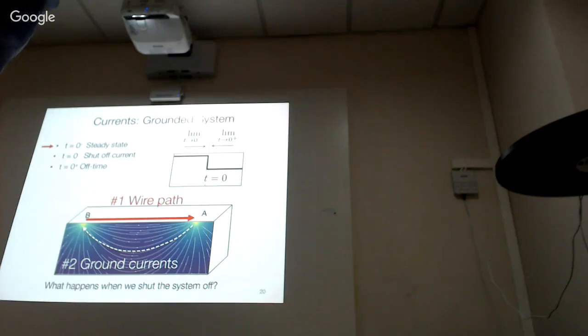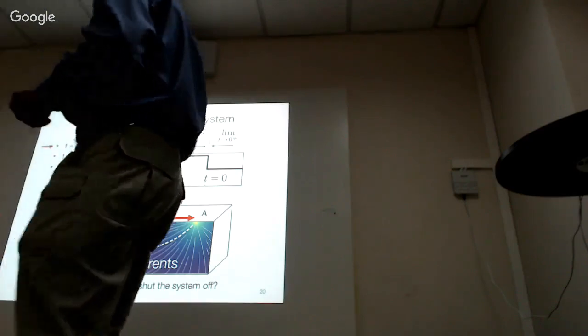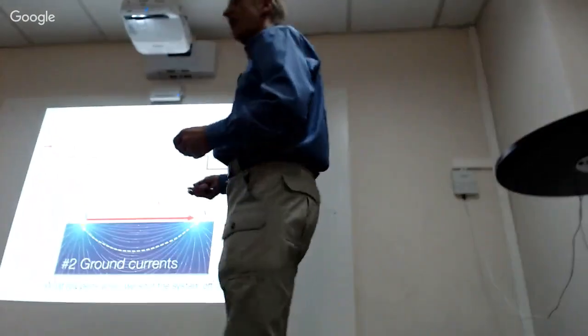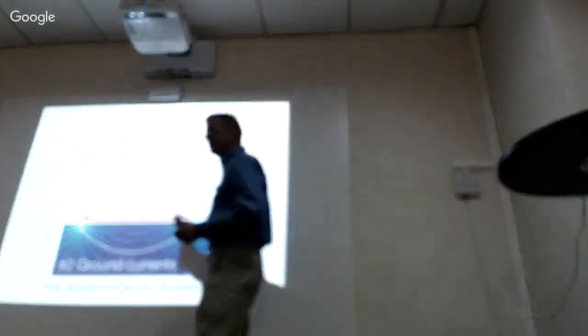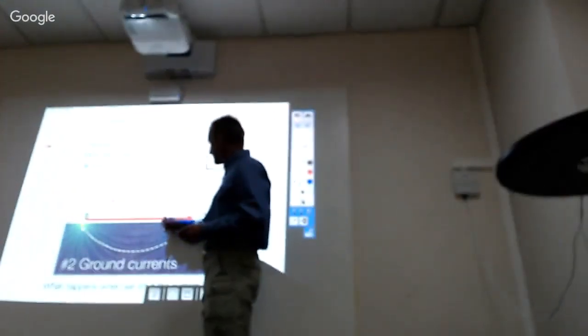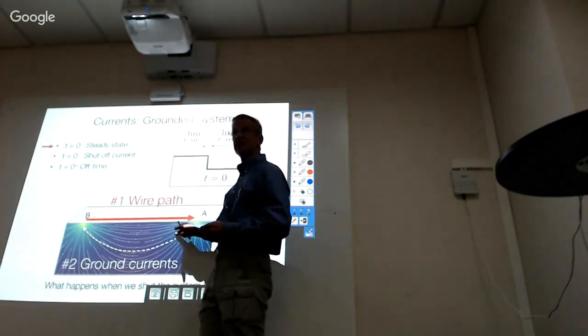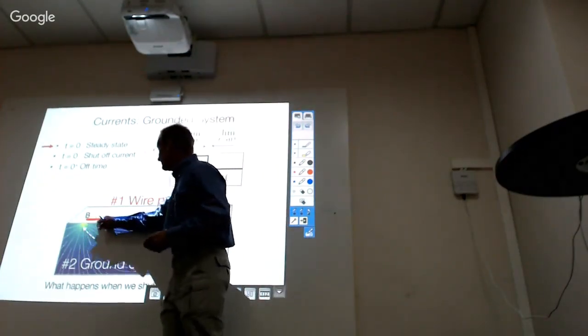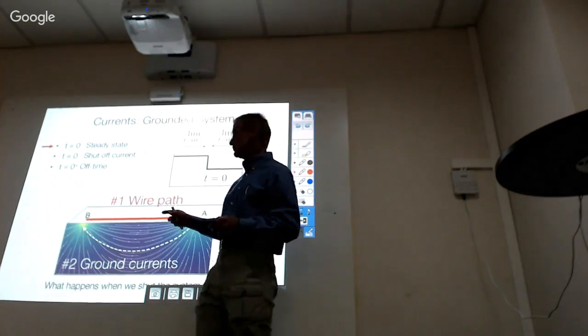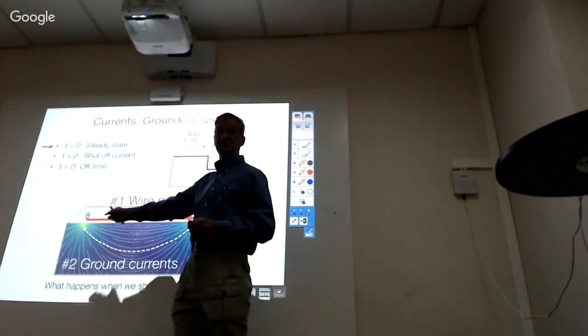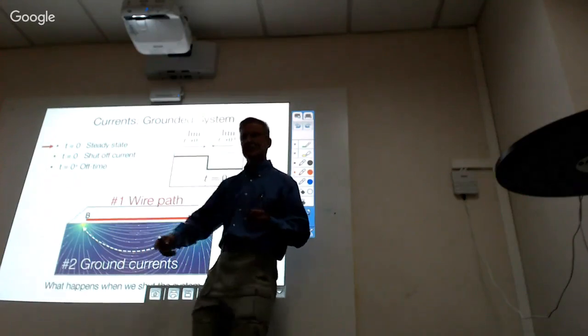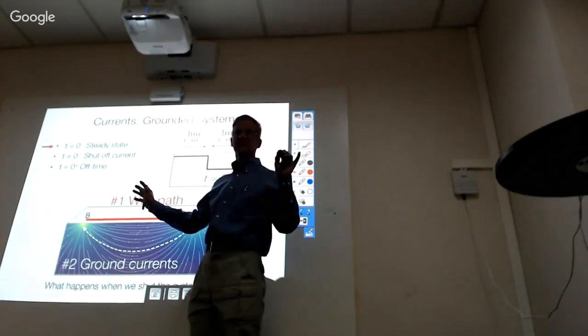So that's the ticket. I turn the current in the wire off, and immediately there's a real current in the ground that's traveling along this way. It travels this way, not the other way, because it has to keep the flux constant.